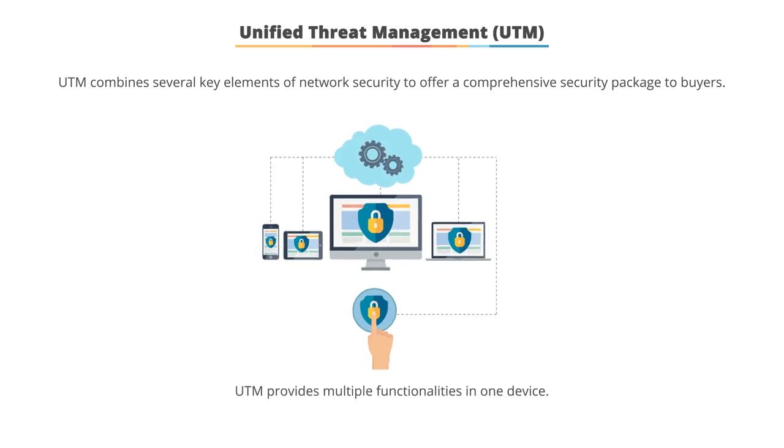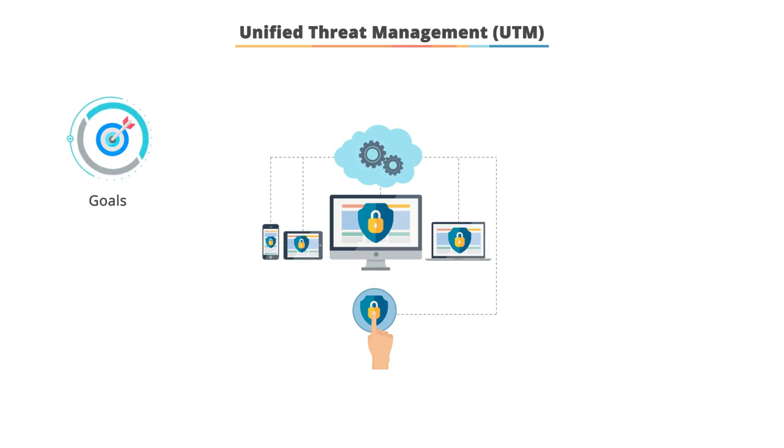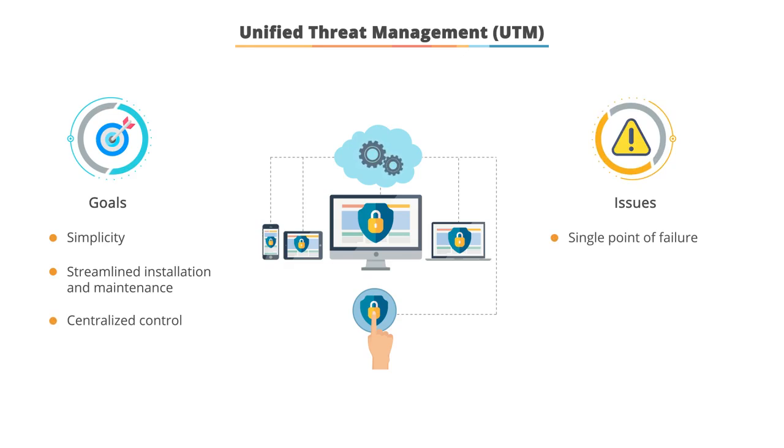It provides multiple functionalities in one device: firewall, antivirus, anti-spam, intrusion detection systems, data loss prevention, virtual private network. Goals: simplicity, streamlined installation and maintenance, centralized control. Issues: single point of failure, single point of compromise, and performance issues.